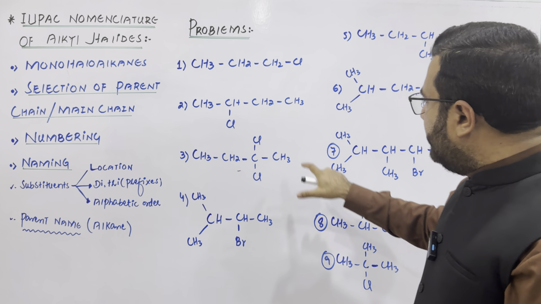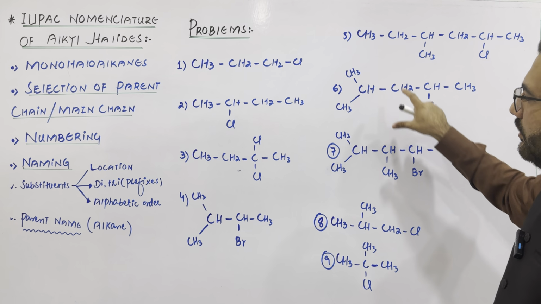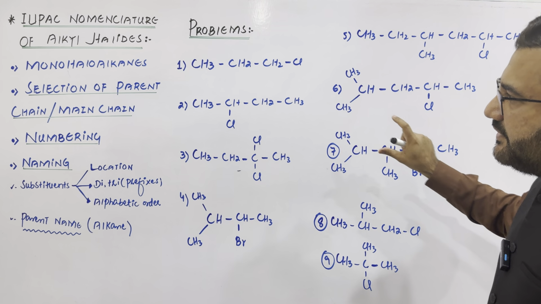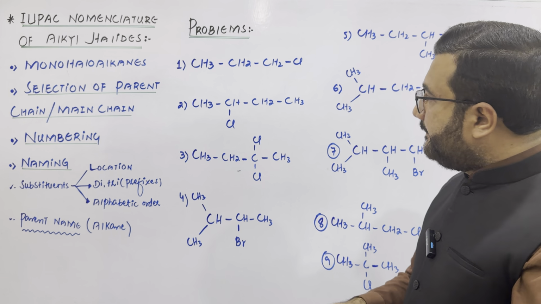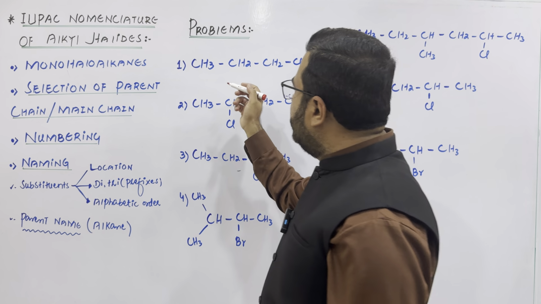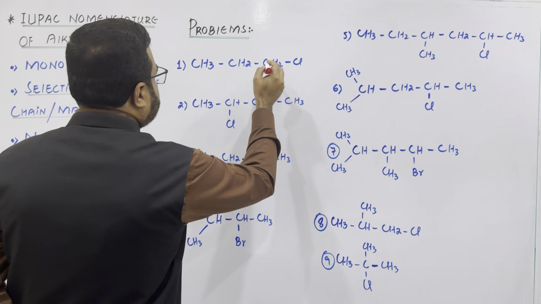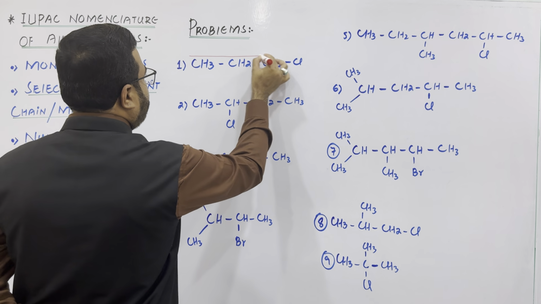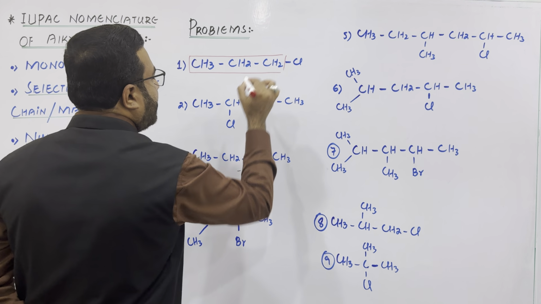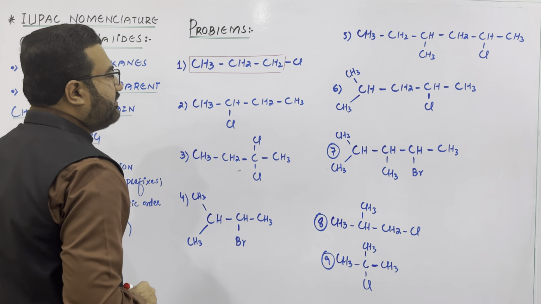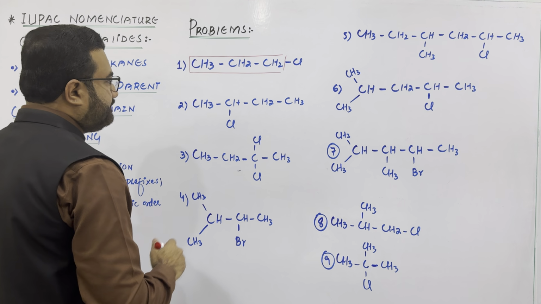Let us first complete the first step in all these 9 examples. First of all, we will select the parent chain in all these examples. In the first one, which is a very simple one, obviously the straight chain has the maximum number of carbons. It also includes the carbon carrying the functional group, which is the alpha carbon. So that will be the parent chain in the first example.